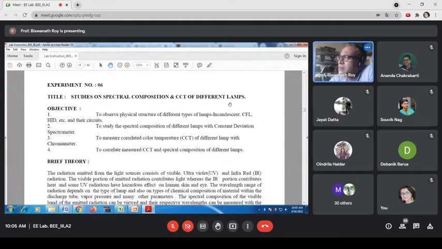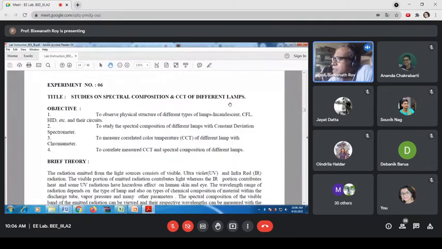Light is that portion of the optical radiation that you can see, that is capable of stimulating our visual system. There is a very small range of optical radiation, 380 nanometer to 780 nanometer, that we can detect with our eye. That we call visible radiation.